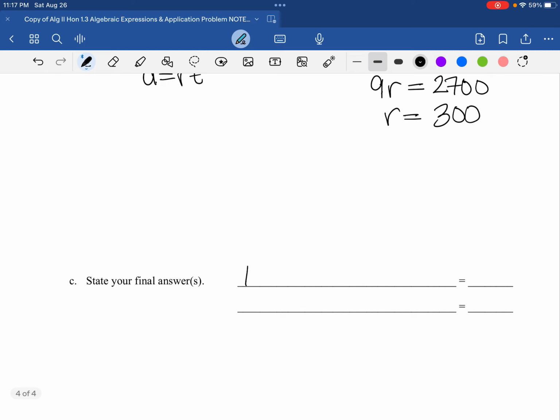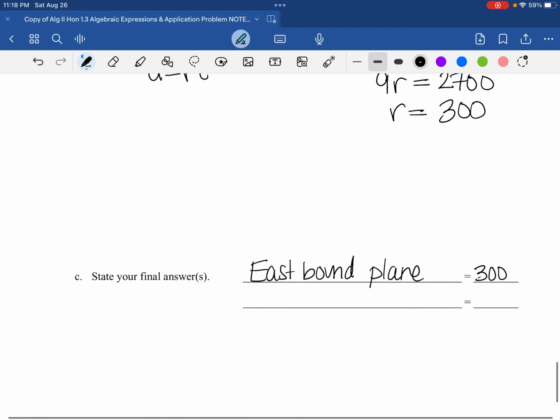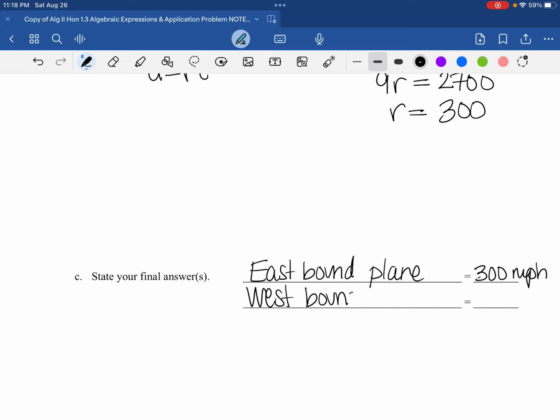So therefore, my eastbound plane is going 300 miles per hour, and my westbound plane is going 600 miles per hour.